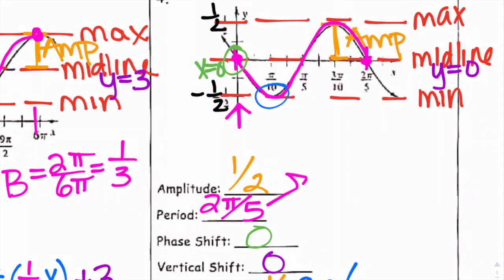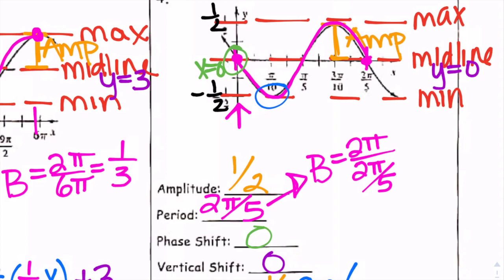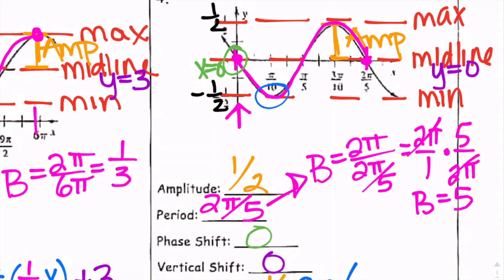So our b value here, we're going to say it's 2 pi divided by our period. So we have to rewrite that as 2 pi over 1 times the reciprocal. And so the 2 pi's cancel, and we end up just getting b equals 5 right there. There's no phase shift, so it's just 5 times x, and we're done. And there's no vertical shift, so we don't have to add anything to the end.